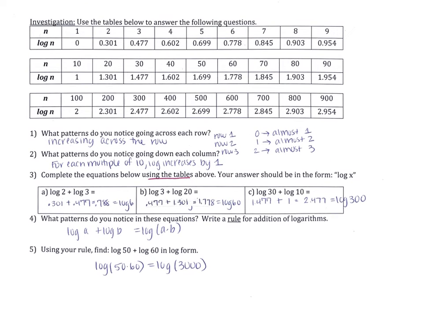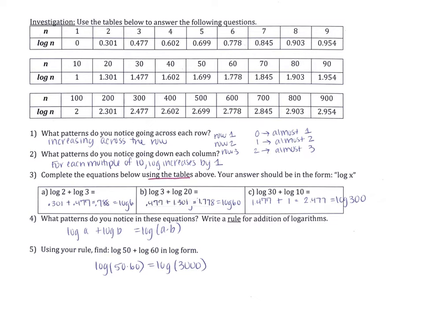So now, from number 3, for question 4, what patterns did you notice in these equations? And write a little rule. So when you were adding log A plus log B, it is the same as log A times B. So if you look at part A in number 3, log 2 plus log 3, it equaled log 6.